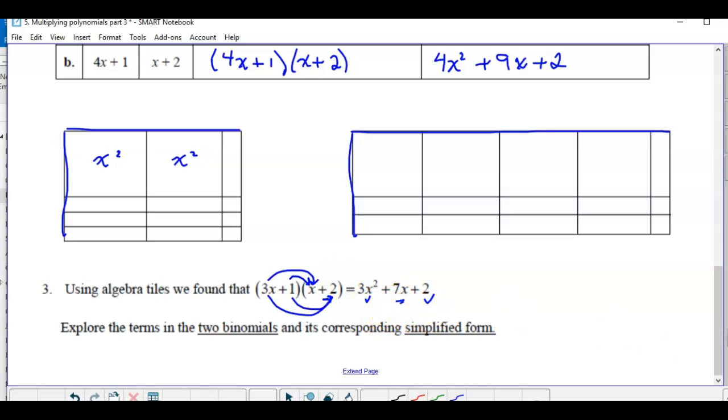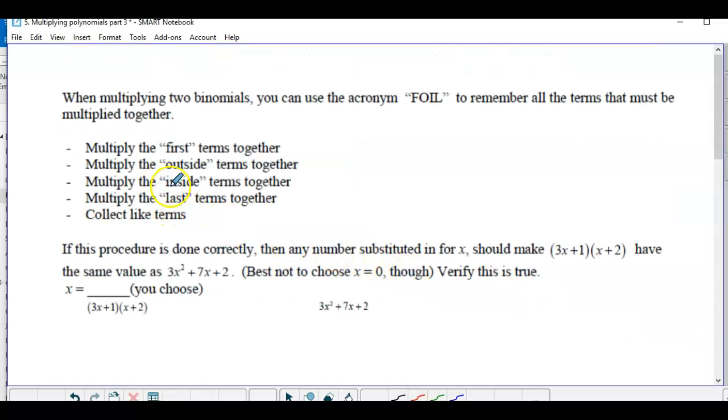So in a binomial times a binomial, that's 4 different things, and then we collect like terms. So I've written it out on the next page in words. When multiplying two binomials, you can use the acronym FOIL if you like. What this reminds us to do is multiply first terms together.